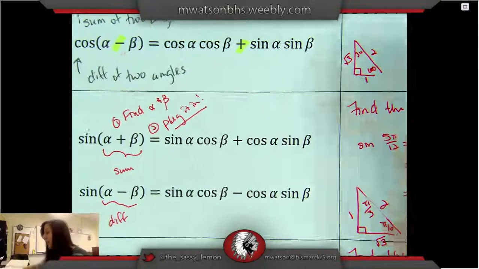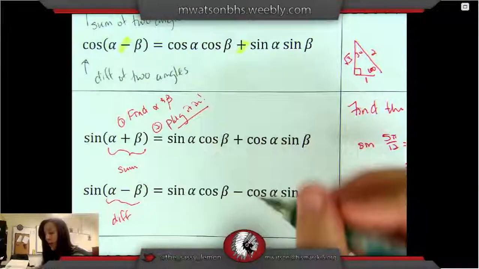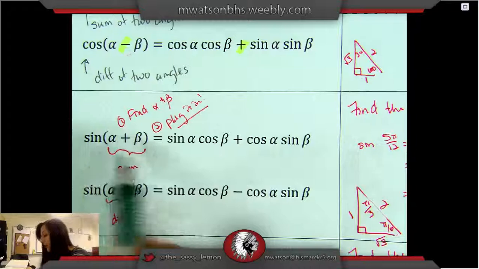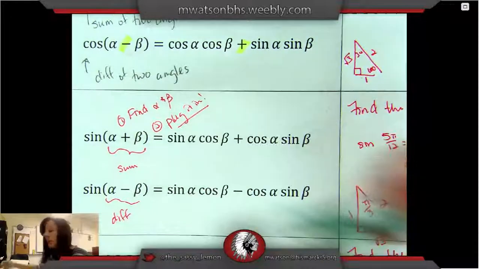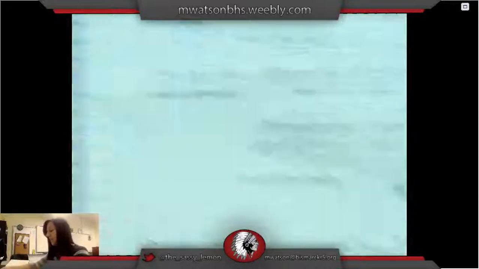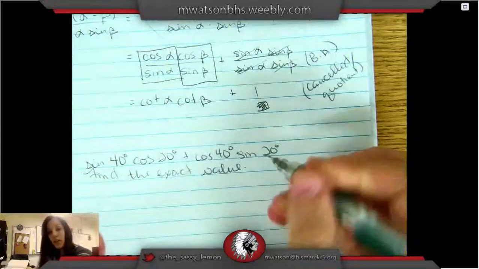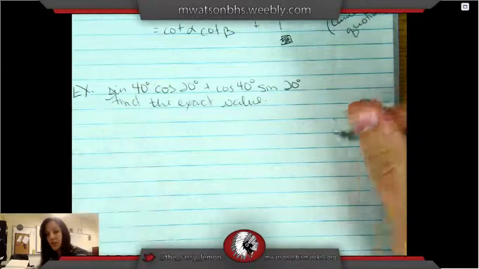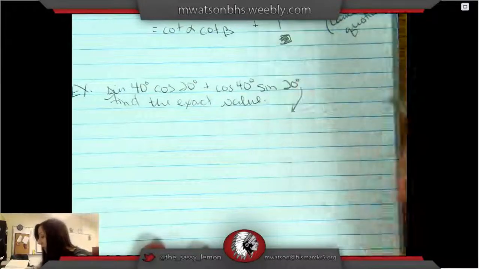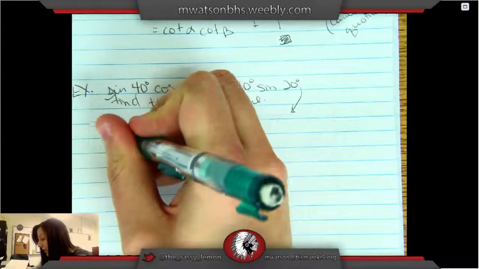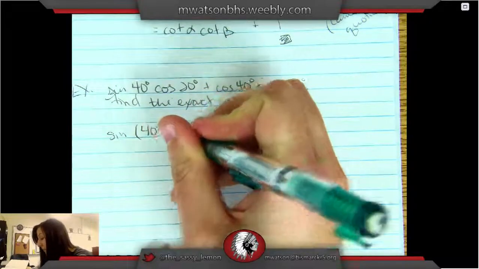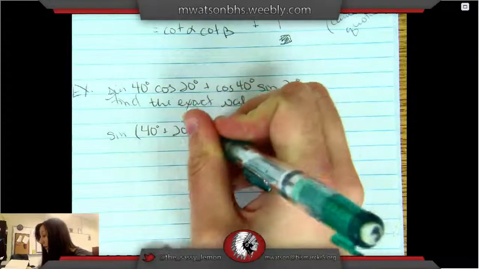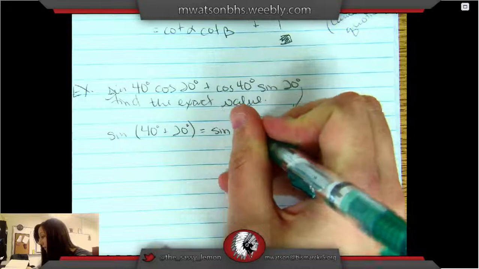So we can actually go in the reverse direction of what we were going earlier. Earlier we were breaking things apart. Now we're going to be combining alpha and beta. So this whole thing is equal to sine of our alpha, which is 40, plus our beta, which is 20, which is sine of 60.